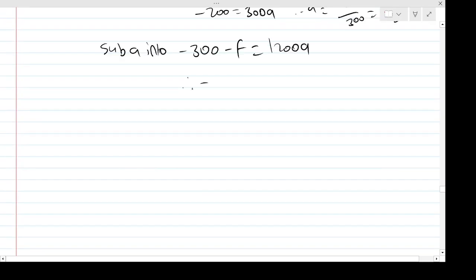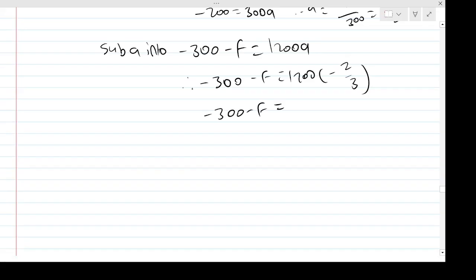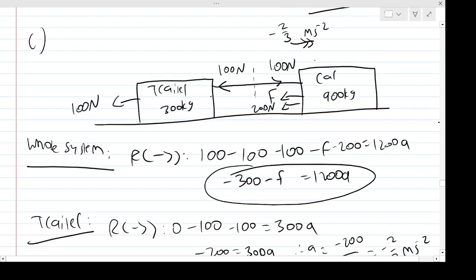So minus 300 minus F is 1200 lots of minus 2/3. If I work that out, minus 800. So therefore F, if I add 800 to both sides, I get 500 newtons. And there we are. Okay, so that's the braking force there.